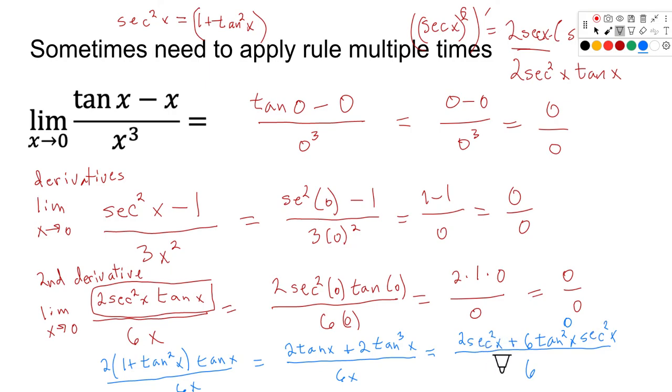Secant of 0 is 1. So 1 squared. So the first part becomes 2. 2 plus 0 over 6, or just 2 over 6, which is 1 over 3. We're done. That wasn't too bad. I was getting a little scared there for a minute until I thought of that trig identity.